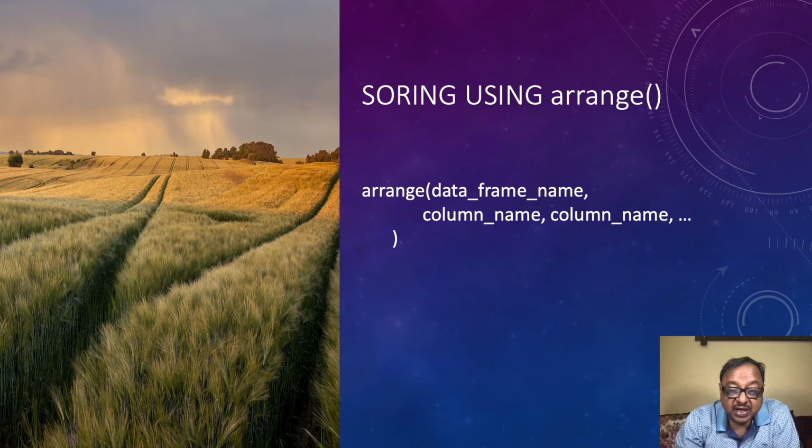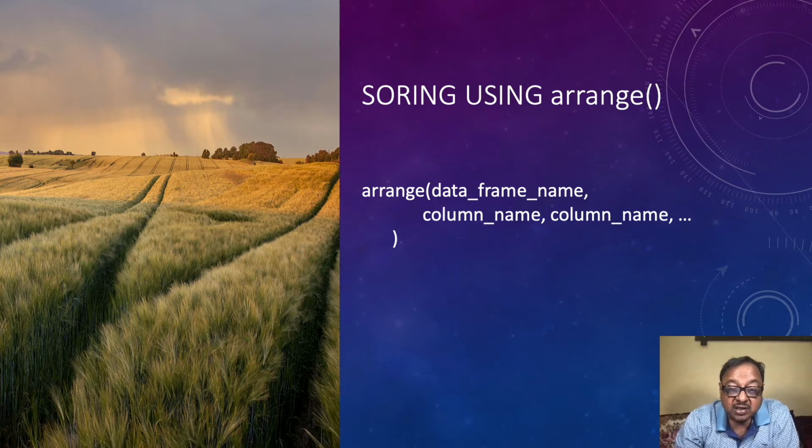Now we can give just one column name or we can give multiple column names. Based on the sequence in which the column names have been provided, the sorting will take place. That is, the data will be sorted on the column name which is provided first, and then after that sorting, the second column will be considered for sorting, and if there is a third column, the third column will be considered for sorting after that, and so on.